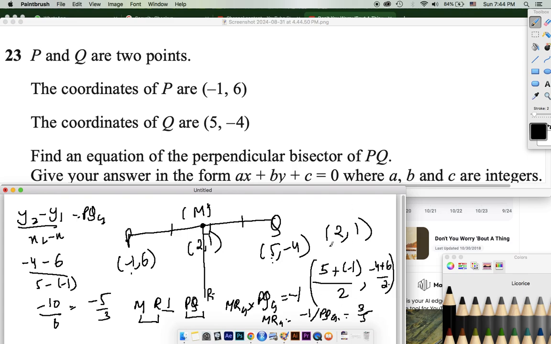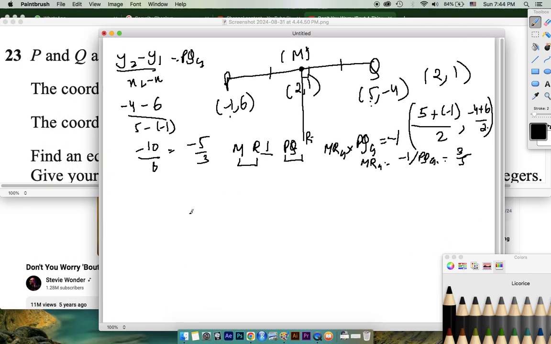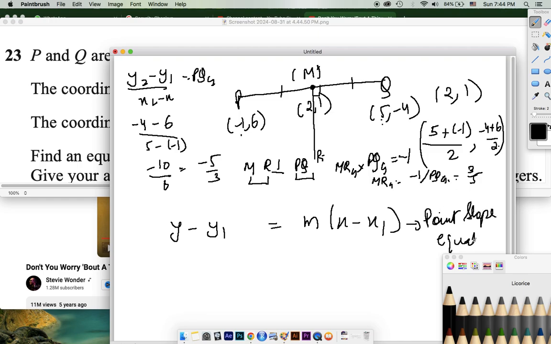Right. Now we've got the gradient also. So let me just make some space. What we can do is put the point-slope form equation: y minus y1 is equal to m times (x minus x1). This is the point-slope equation.